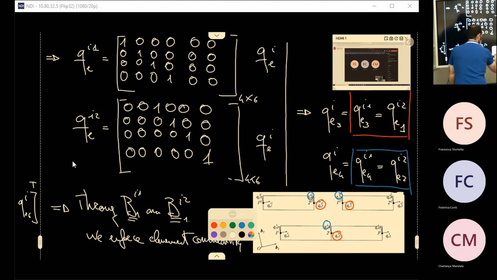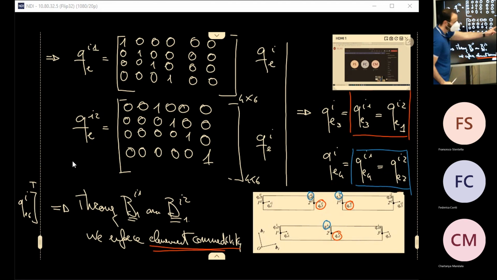Through what may appear as just a selection, but you will see that this operation has very important implication. We will see it in a moment. Okay. So this is the first operation that we have to do.